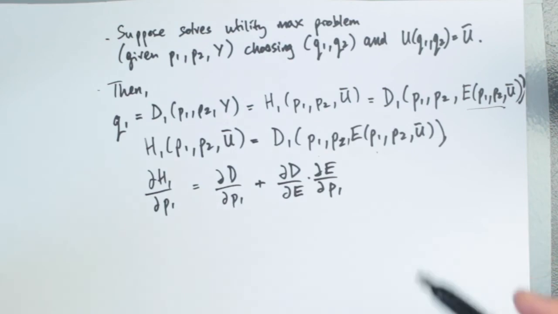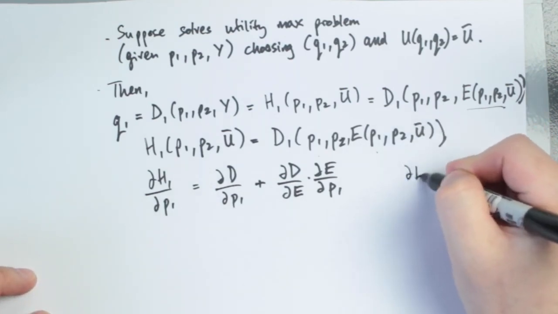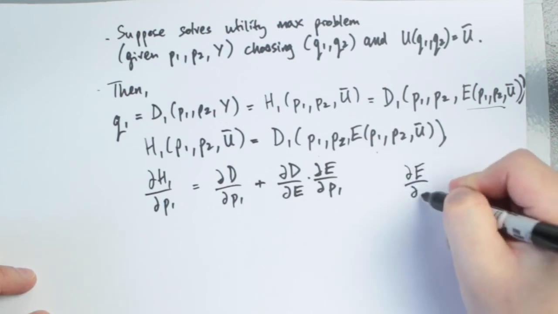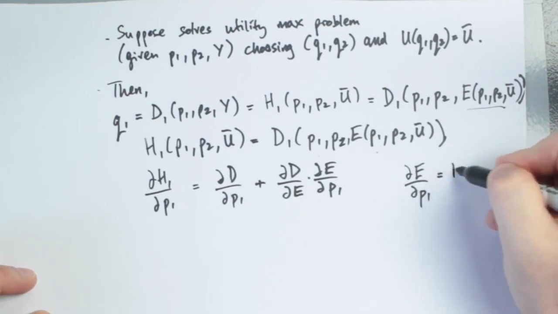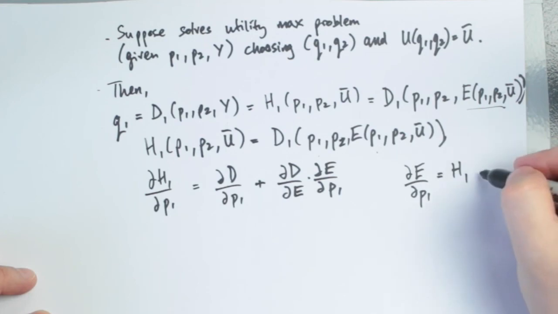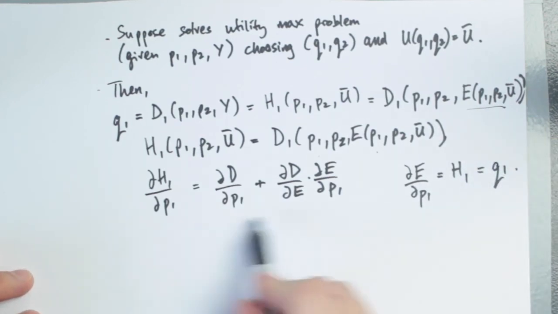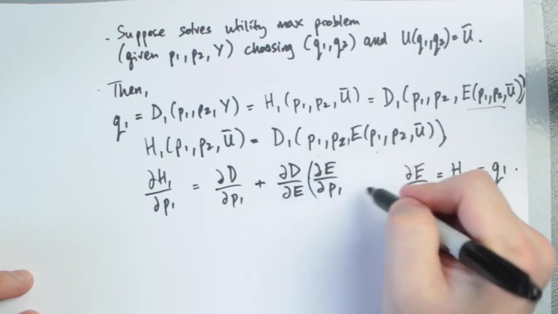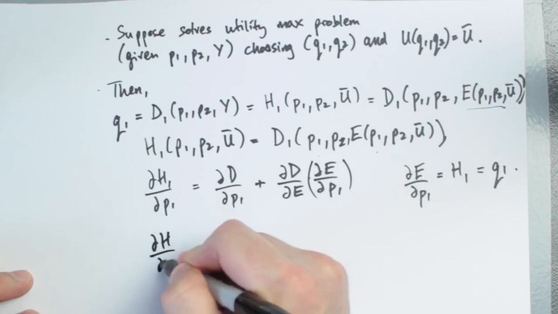Okay, now if we remember Shephard's lemma, it said that if you differentiate the expenditure function with respect to a good's price, out pops the Hicks demand, which I know is equal to Q1. So I could replace this term here using Shephard's lemma.